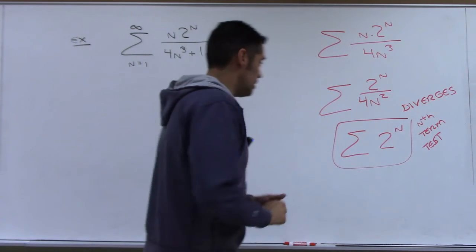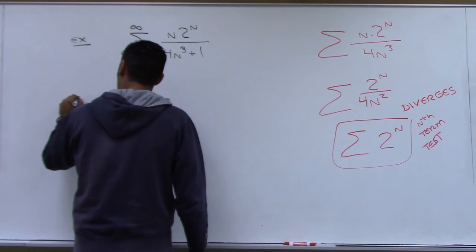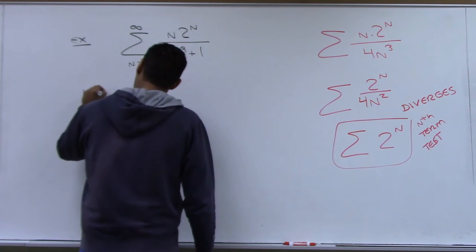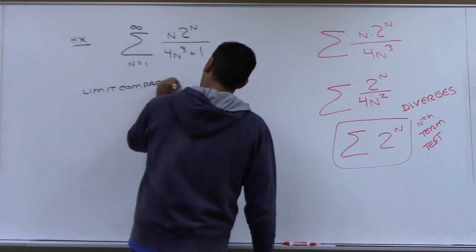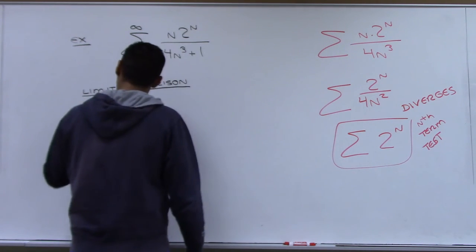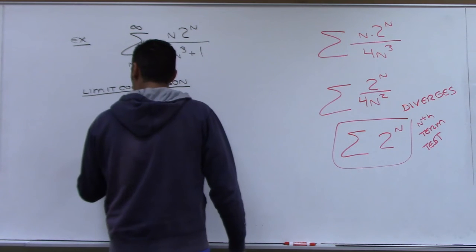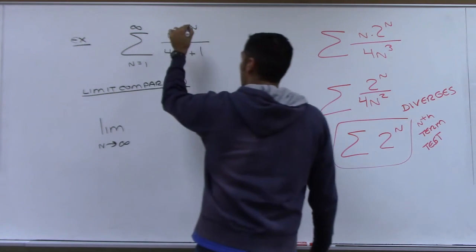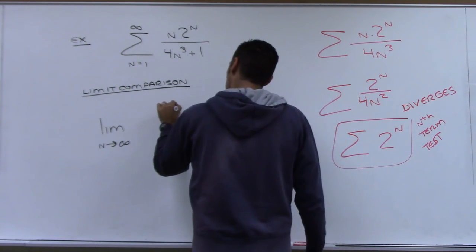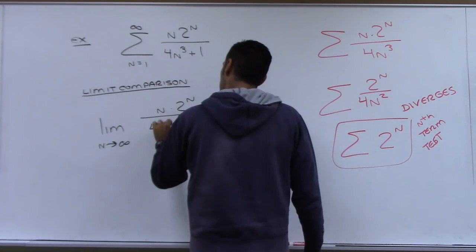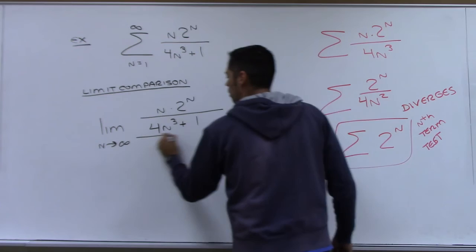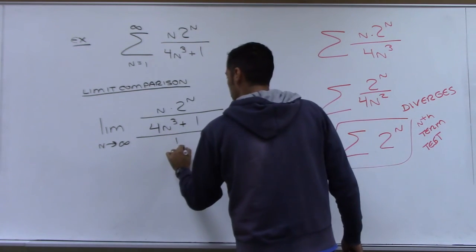I have my doubts whether or not we're going to get it on this. Limit comparison. So I'm going to take the limit as n goes to infinity of this, n times 2 to the n over 4n cubed plus 1 over, wait, not 1 over.